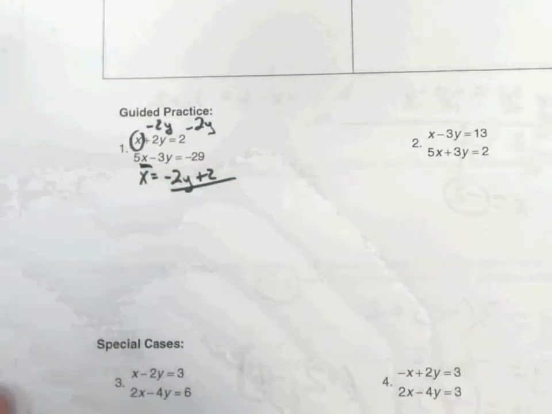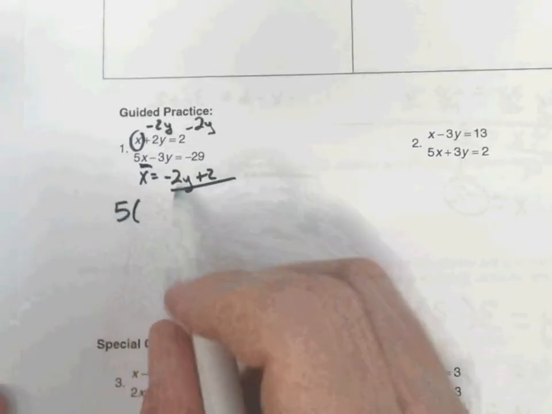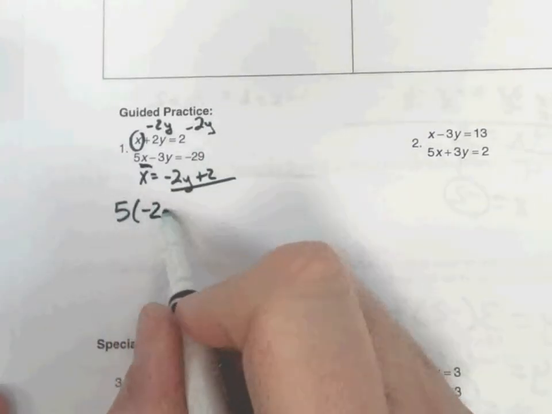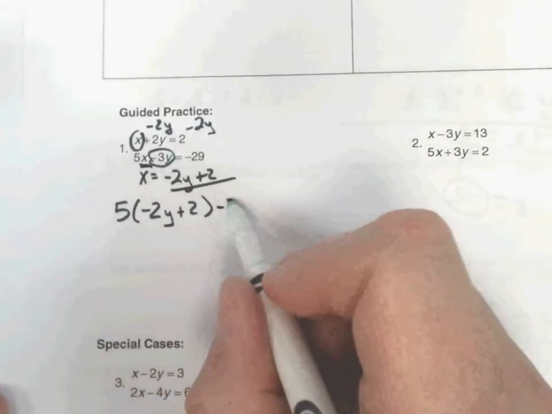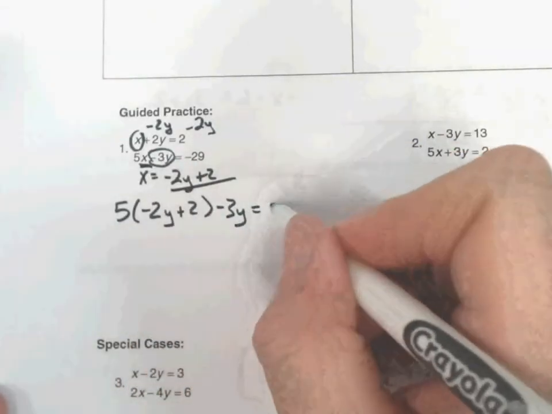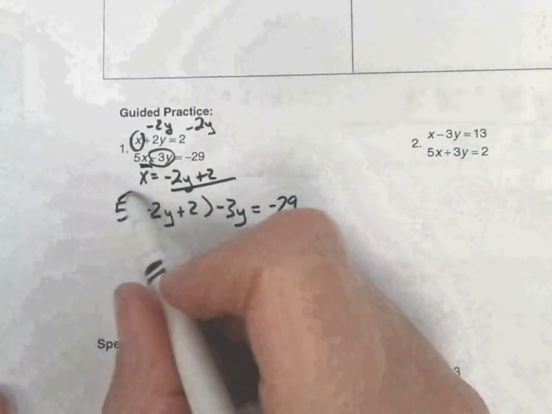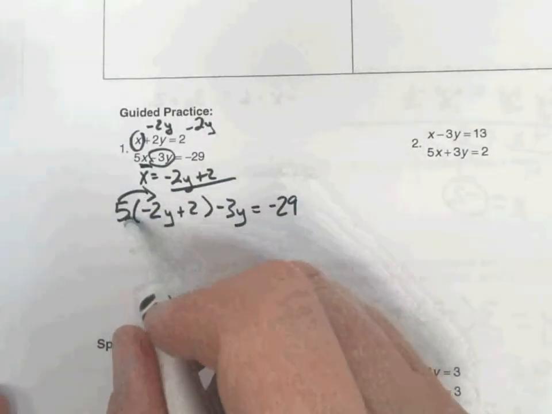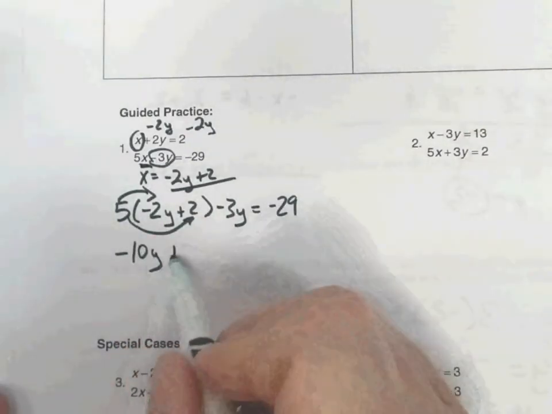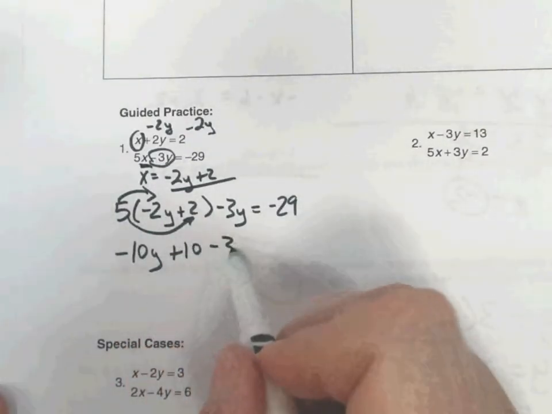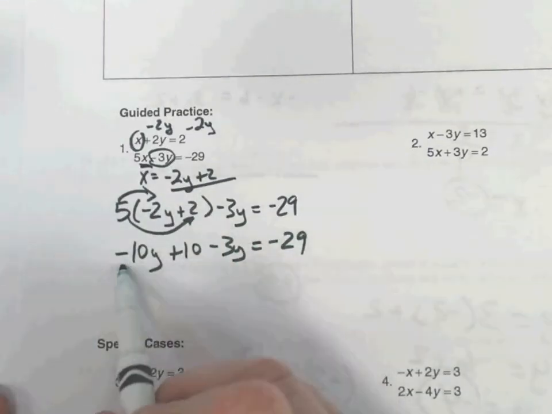I'm going to substitute this value in for this x. So I'm going to write 5 times, instead of x, I'm going to write negative 2y plus 2. Do not forget this other minus 3y equals negative 29. I have to distribute this 5 to each term, not just one but both. Negative 10y's plus 10 minus 3y's equals negative 29.